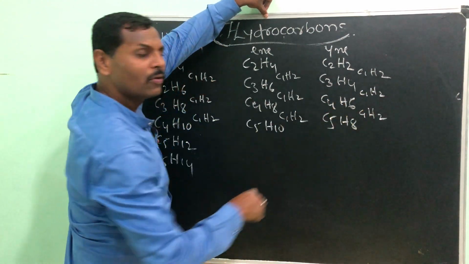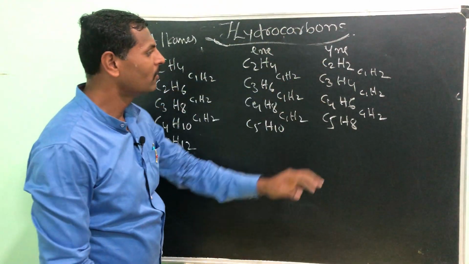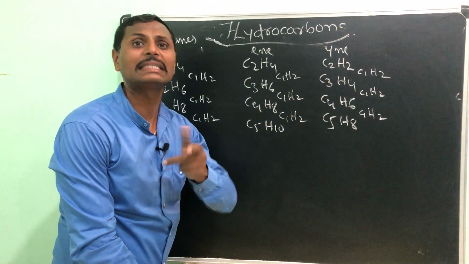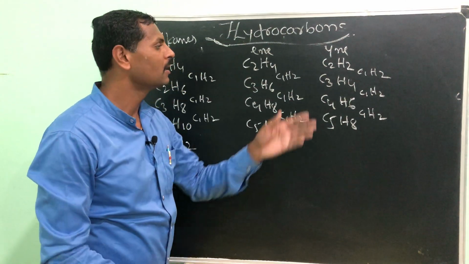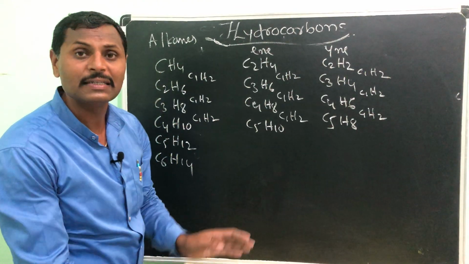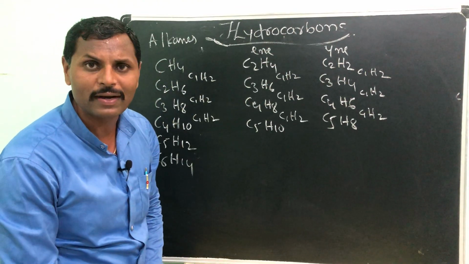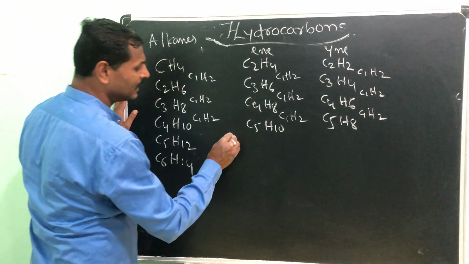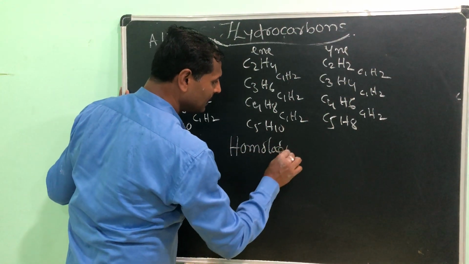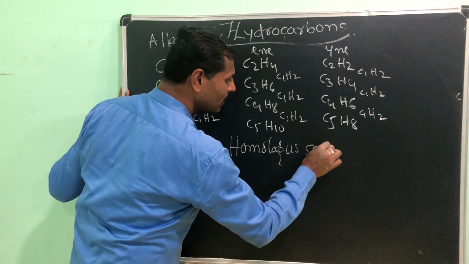See, I think you are getting the idea now. Simply, a difference between any two adjacent members will be 1 carbon and 2 hydrogens, then that series we call a homologous series. Okay, homologous series.